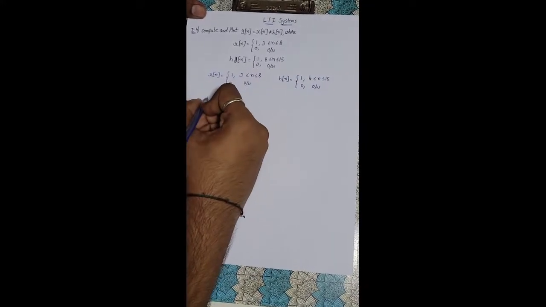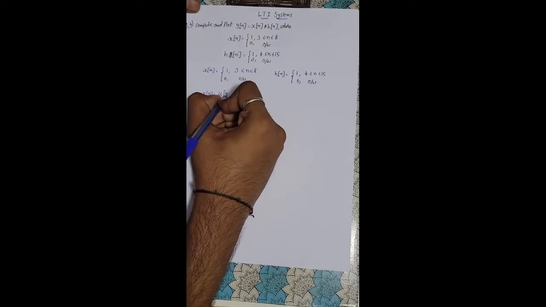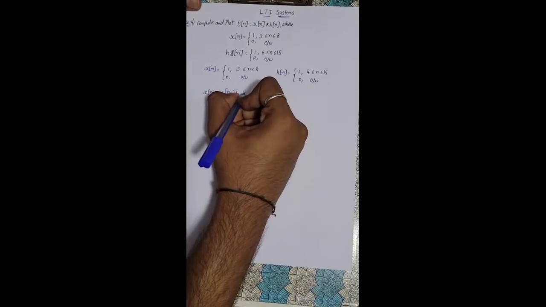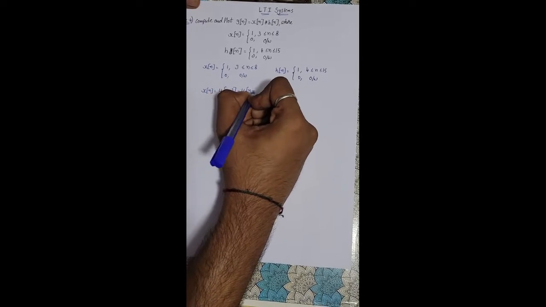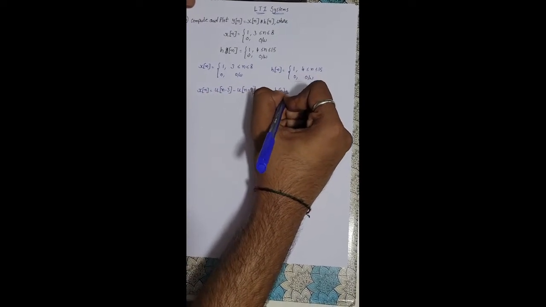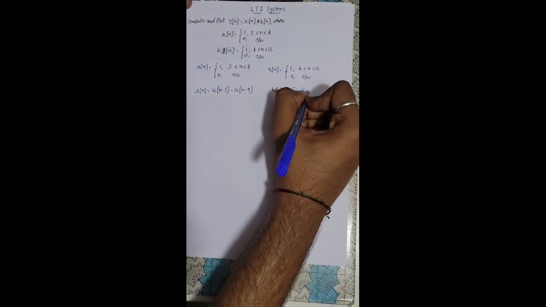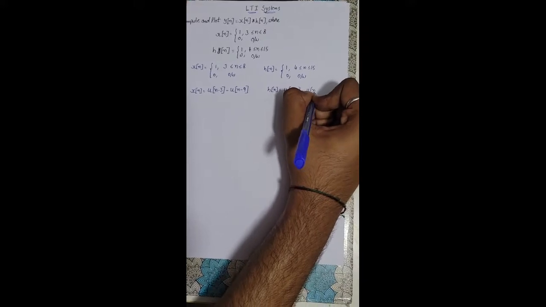Now we can write this x of n as u of n minus 3 minus u of n minus 9, and we can write this h of n as u of n minus 4 minus u of n minus 16.